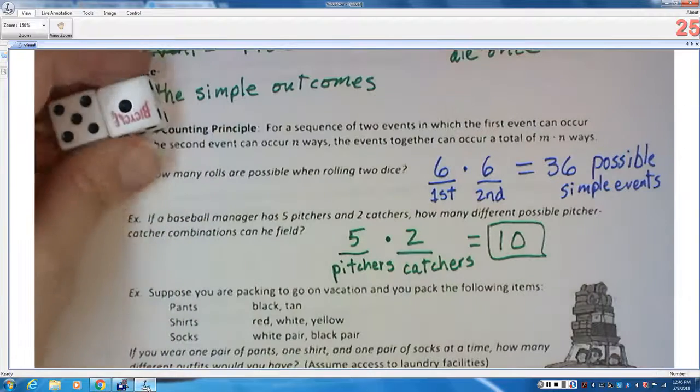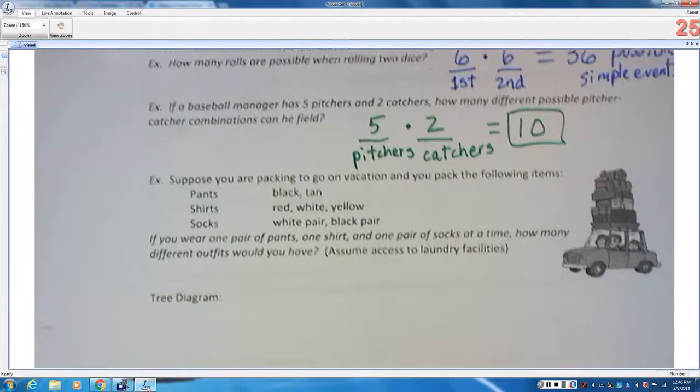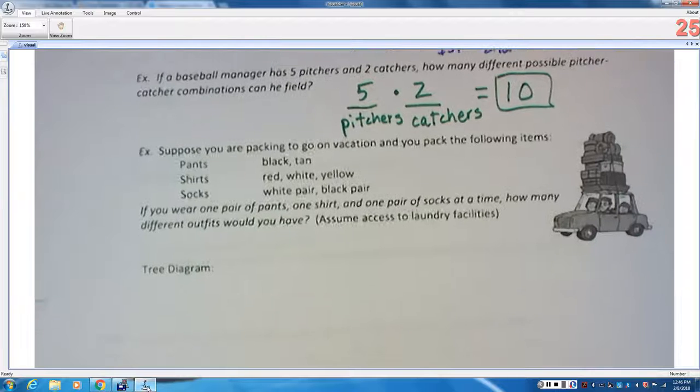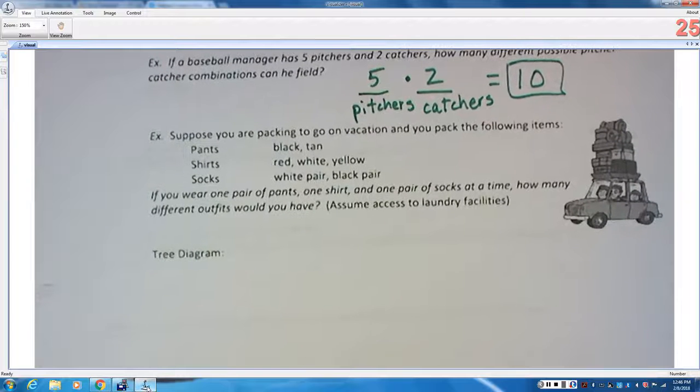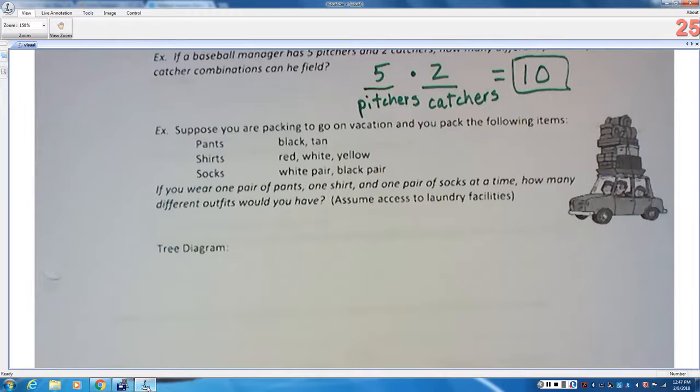Okay. All right, and then what if you're going on vacation and you don't care about style? And you have access to laundry facilities. And you've got 2 pairs of pants, 3 shirts and 2 pairs of socks. And you're not going to put a black sock with a white sock, okay?